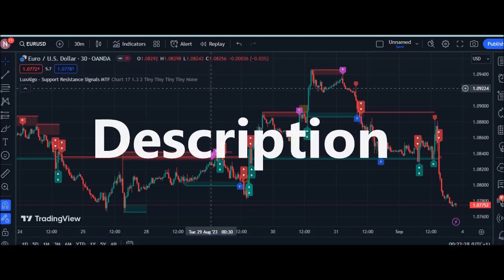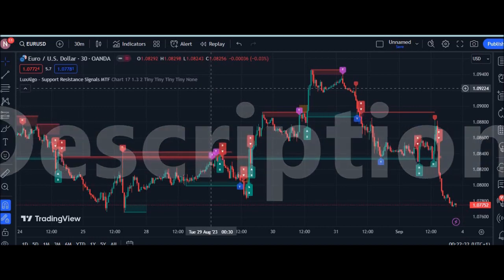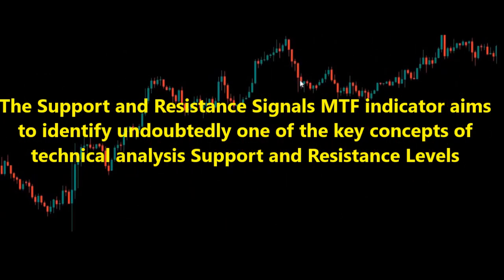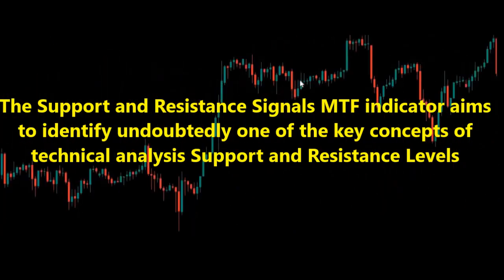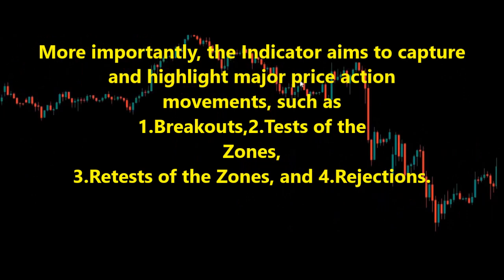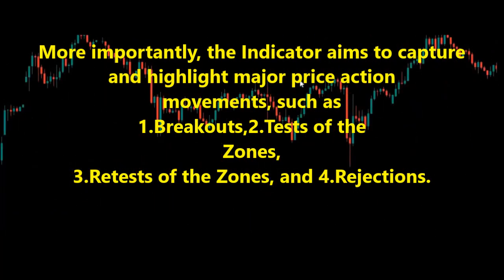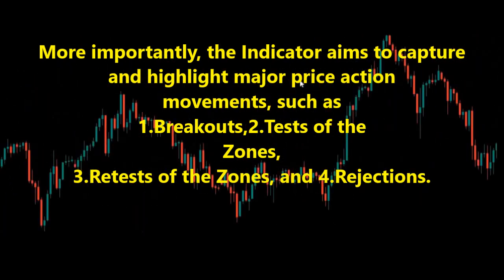So guys, I would love to talk about the description of this indicator. You're supposed to know the Support and Resistance Signal MTF indicator aims to identify one of the key concepts of technical analysis: support and resistance levels. More importantly, the indicator aims to capture and highlight major price action movements such as breakout, test of the zones, retest of the zones, as well as rejections.